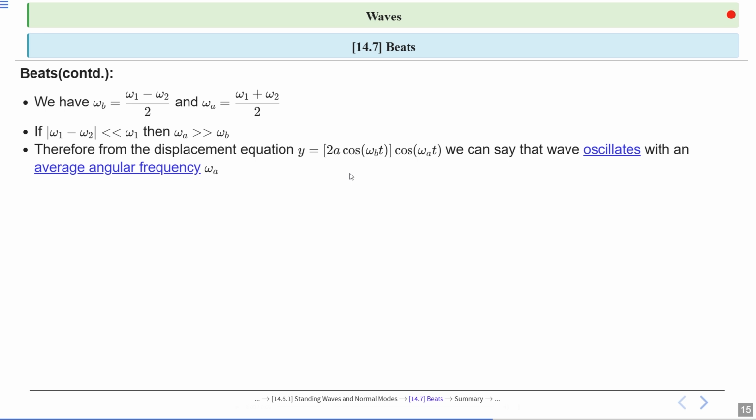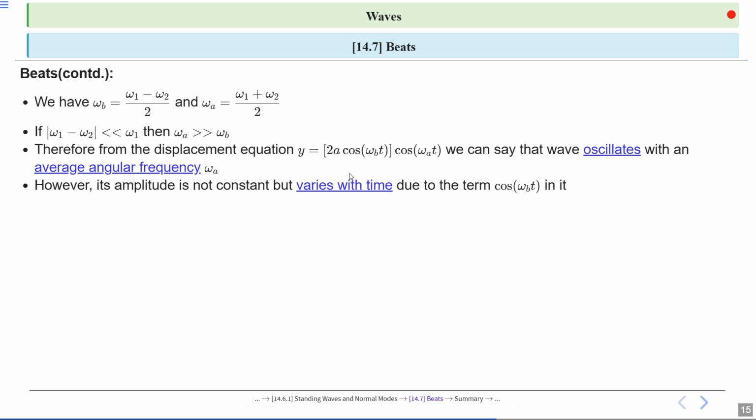The term cos omega a t represents the average frequency of the wave, while cos omega b t modulates its amplitude. Therefore, we can say that the wave oscillates primarily at the average angular frequency omega a with a varying amplitude due to omega b.